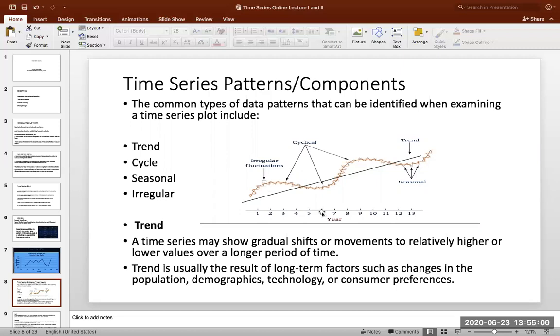Okay, so we have seasonal and then cycle. The seasonal is similar to cycle, but seasons happen within a year. You see that in year 12 and year 13, there is a season. It goes up, comes down. It's like the sale of, let's say, apples within a year.